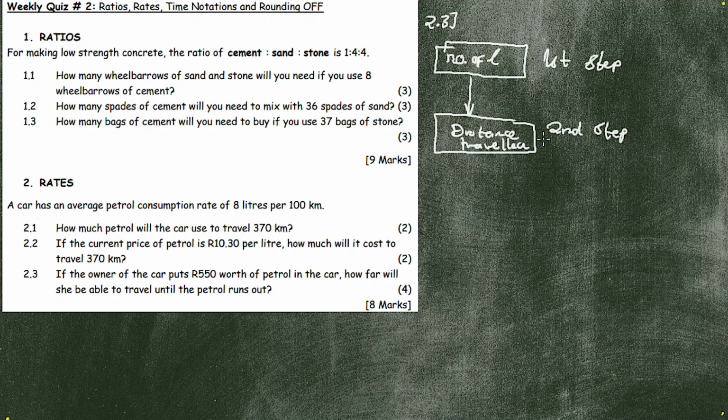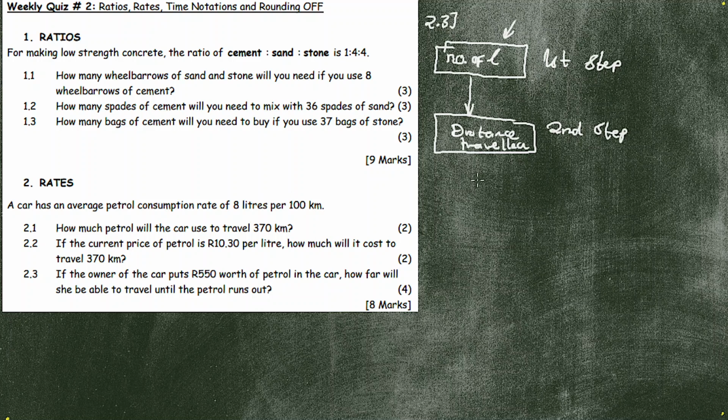Right? So first things first, in a way, we are working the problem backwards, right? We want the distance traveled. So we cannot find a distance without having the liters of petrol, because we are actually looking at the rates.